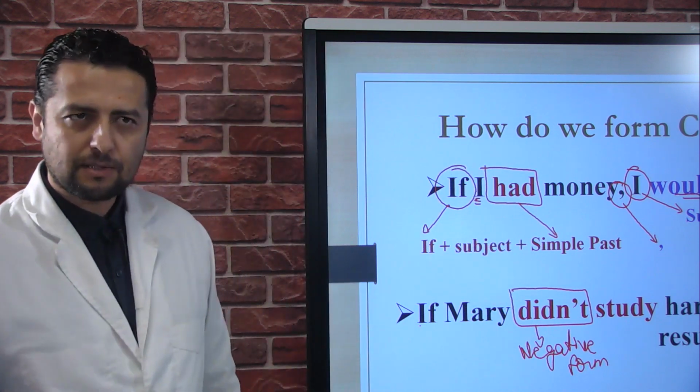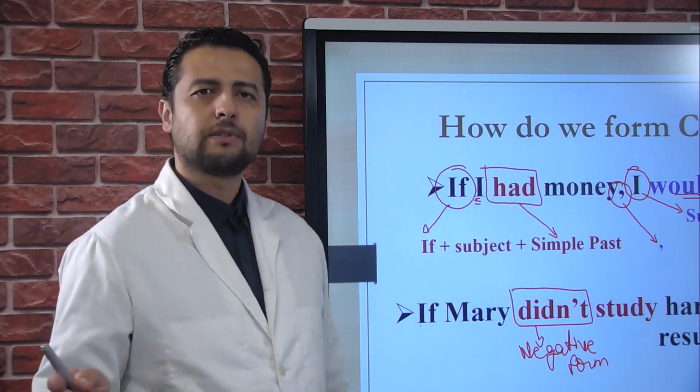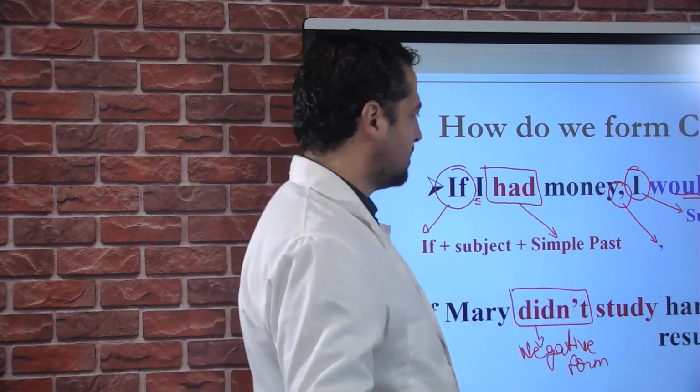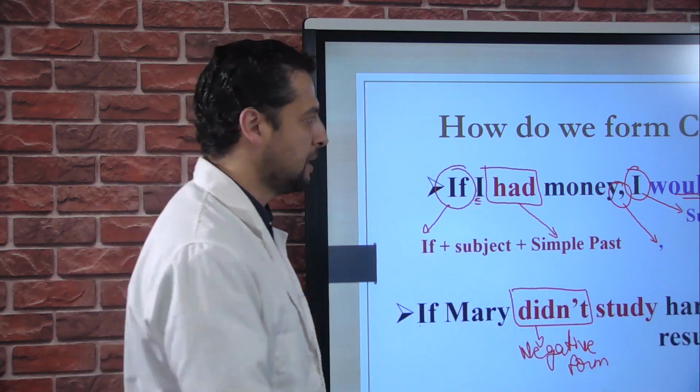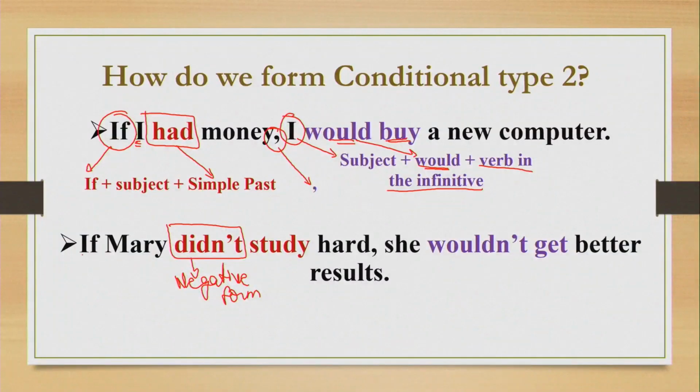So we have to master the rule of the simple past, be it in the affirmative or in the negative form. Then again, we have the verb, and do not forget the comma, which divides the two sentences.